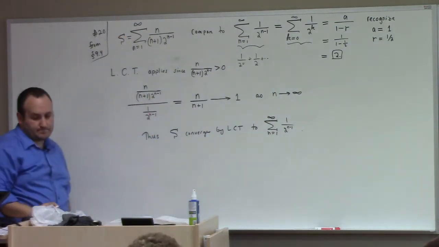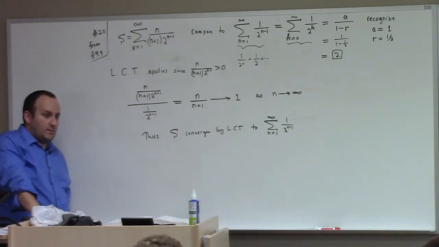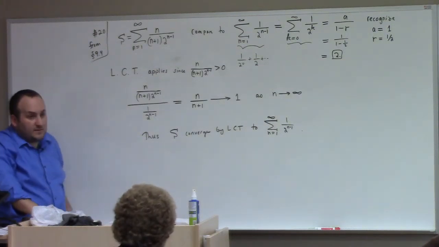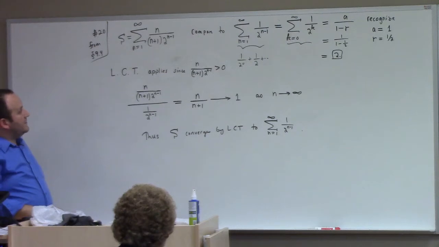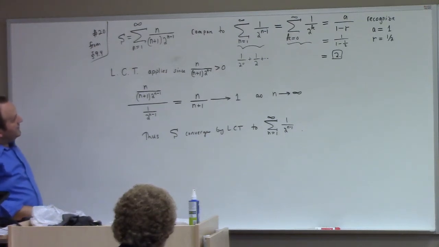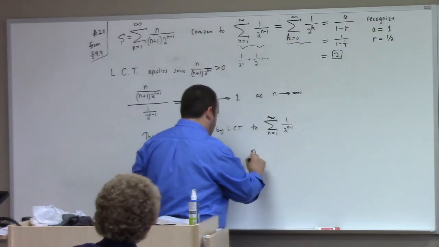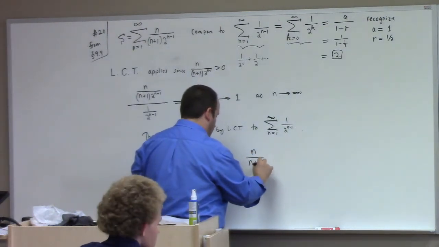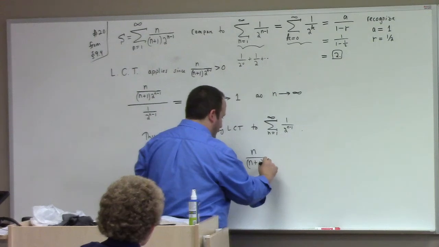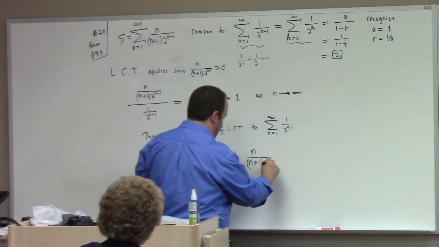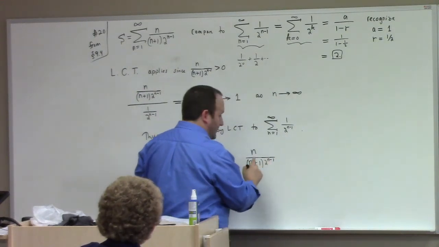Why can't you use the DCT instead? The problem says to use limit comparison. Could we use DCT? Maybe. Well, about the same, and we got to be careful, you know.